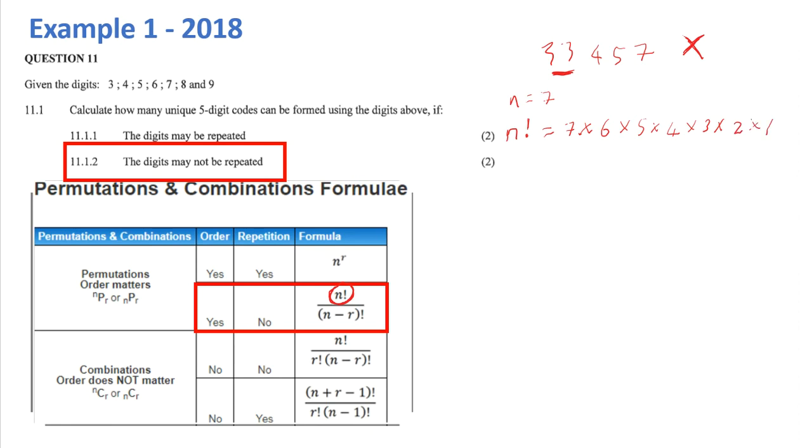That's what that means, and that's in the case of n equals 7. So when we apply this formula for this example, we'll have 7 and then 7 minus 5.